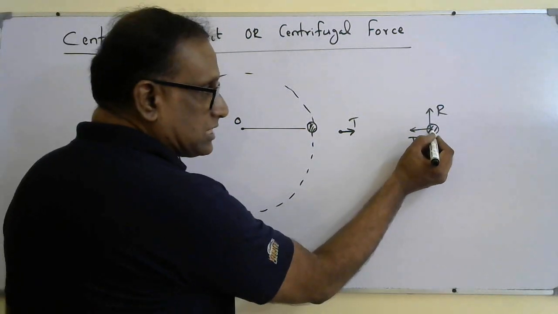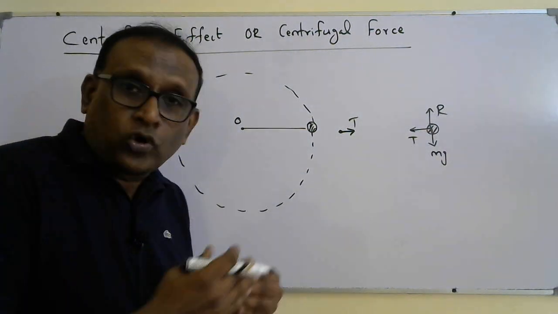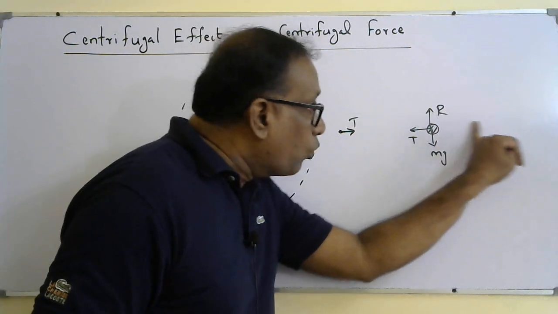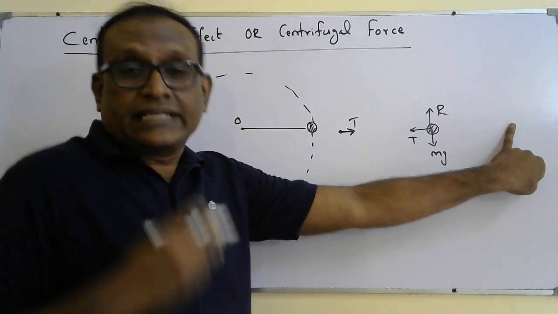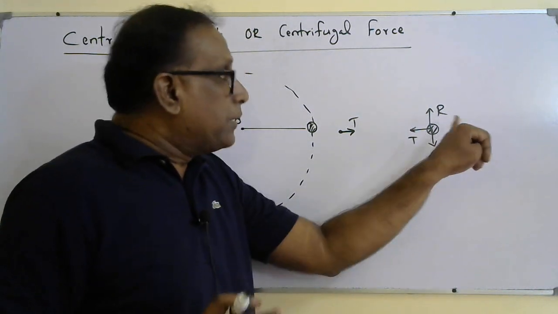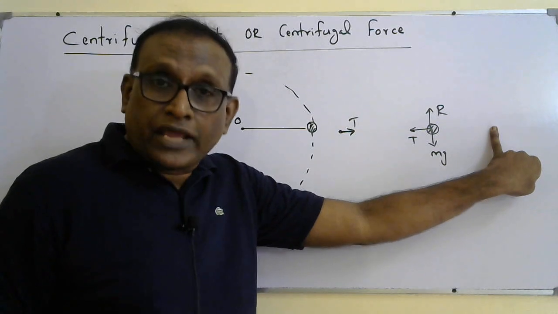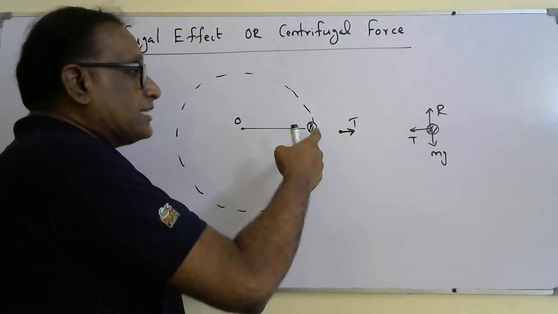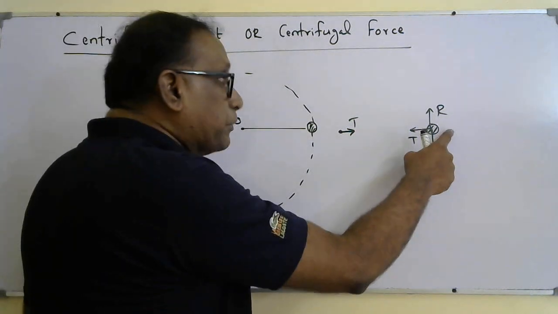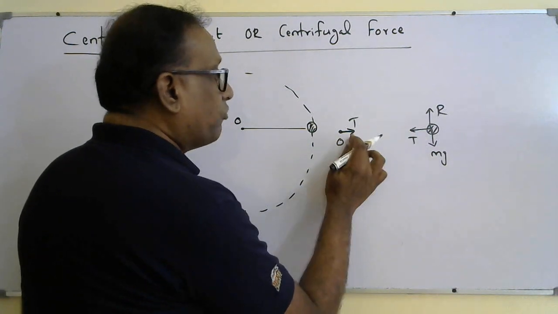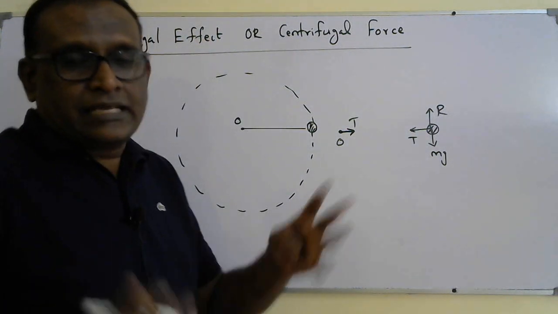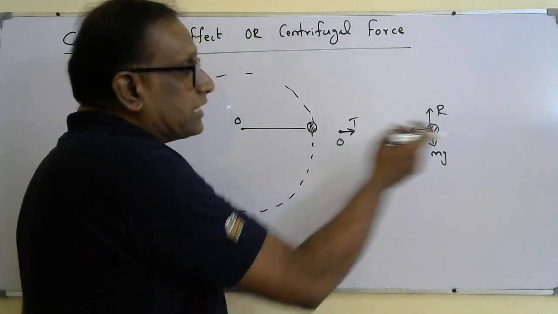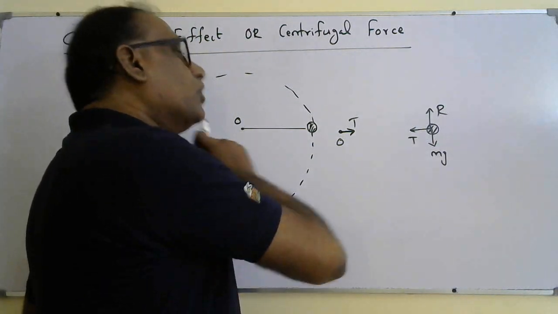So the acceleration is towards the center. If it wants to oppose that acceleration, it should have a tendency of moving away from the center. It's not actually moving away from the center, but it has a tendency of doing so. Since it has this tendency, and it's not falling or moving towards O, it is able to provide the same force at O. Simply, that's Newton's third law, because when the string pulls the sphere towards O, the sphere pulls the point O towards it.